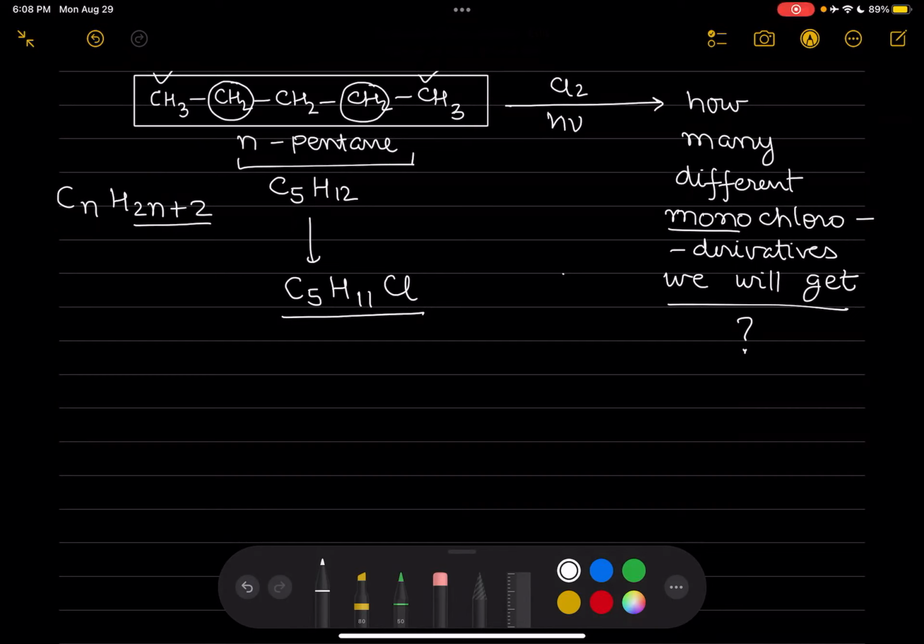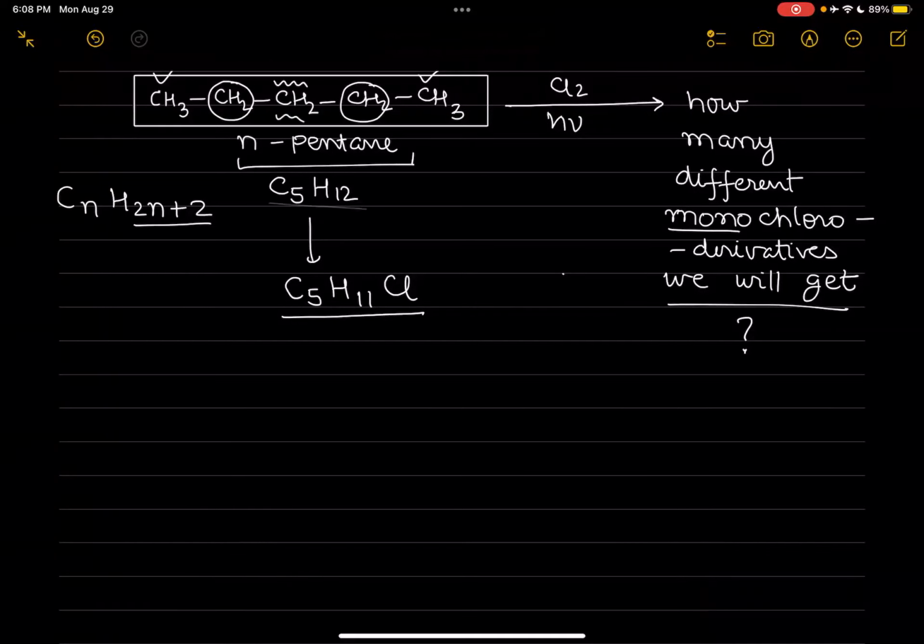And there is one carbon in the middle. So though there are 5 carbon atoms, all 5 are not different. We have only 3 different types of carbon atoms. So we are going to get 3 different monochloro derivatives.